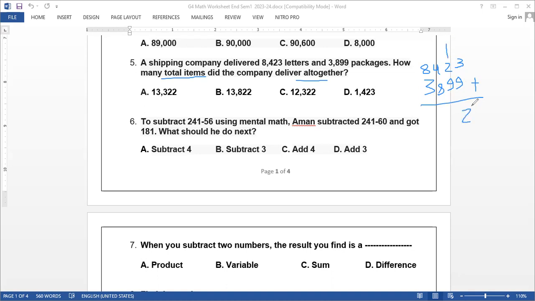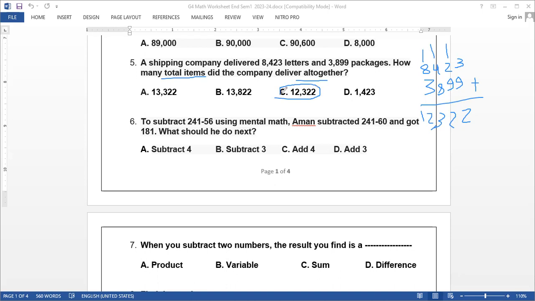We put 2 down and 1 up as regrouping. 1 plus 2, 3 plus 9 equals 12 again. 1 plus 4 equals 5 plus 8 equals 13. 1 plus 8 equals 9 plus 3, 12. So the answer is 12,322. So the answer is C.